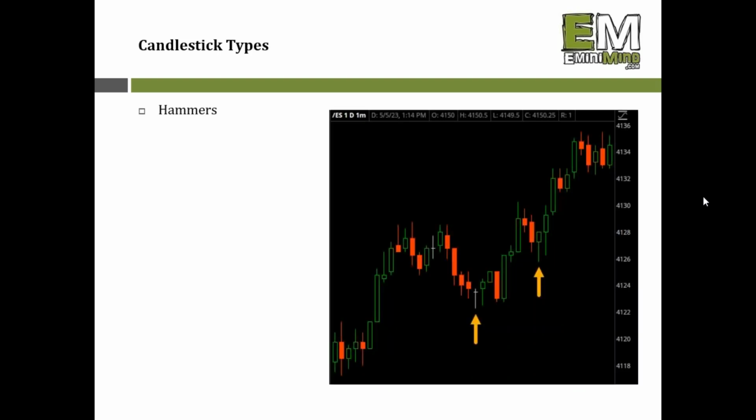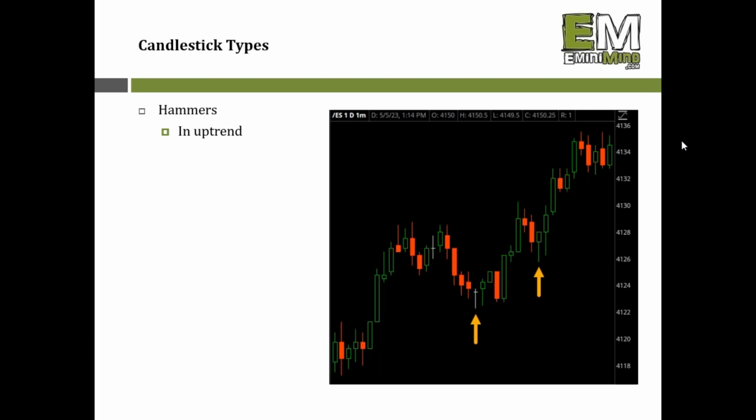So the first thing to incorporate is going to be the candlesticks. And the first one we're going to look at is the hammer pattern. The important thing about the hammer, you want to be looking for this specific candlestick pattern in an uptrend. If you're trying to pick a bottom, you may get a hammer at the bottom, but what you don't want to be doing is trying to get long in a downtrend.